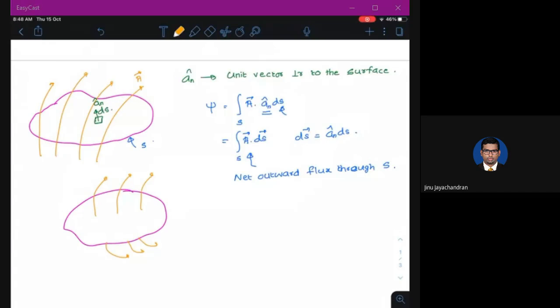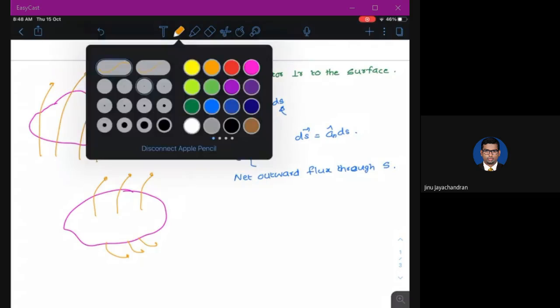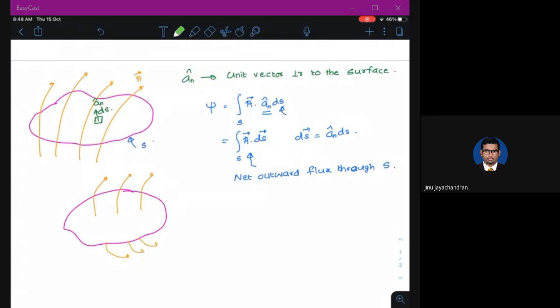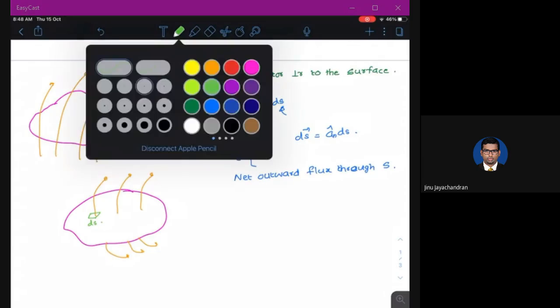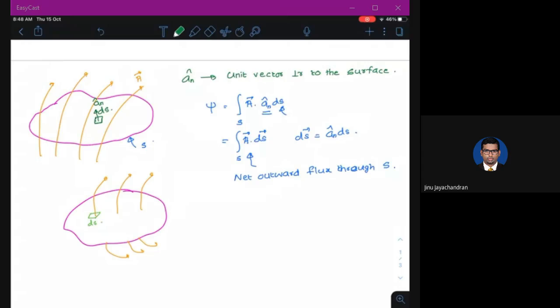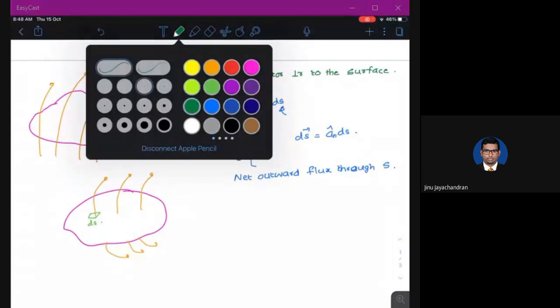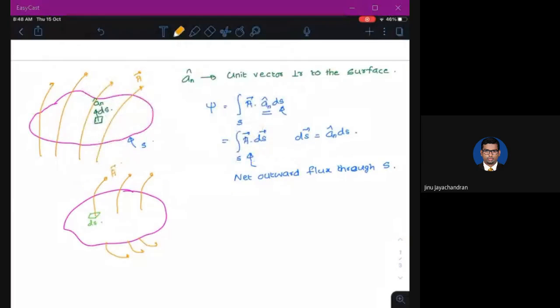Okay, and when you do the surface integral, what you do is you take a small piece ds of the surface and then you integrate for different values of the vector, which is A. So if you see, this is actually some flux lines. Basically, the collection of vectors is a flux, and you see there are many flux lines.